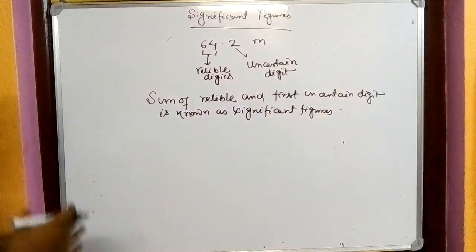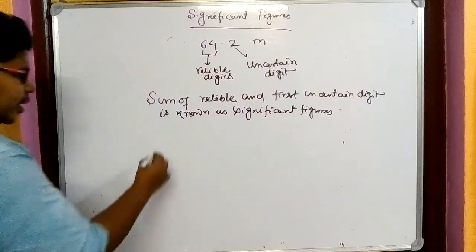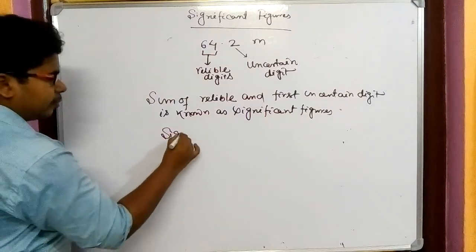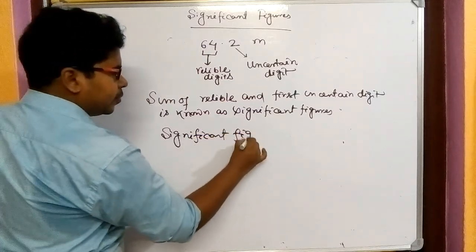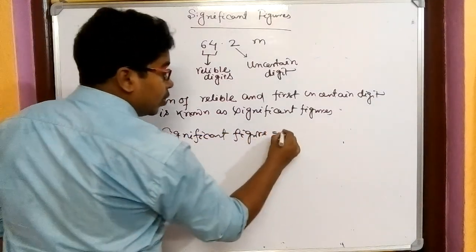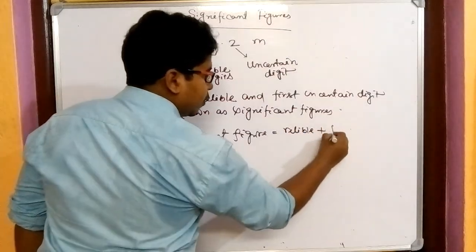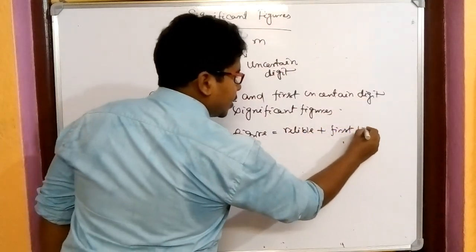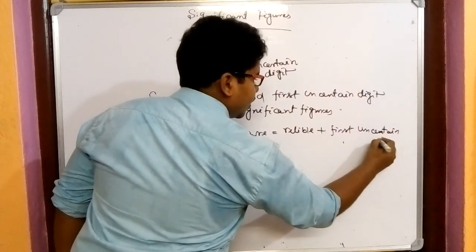So the sum of reliable and first uncertain digit, we can say significant figure is equal to reliable plus first uncertain digit.